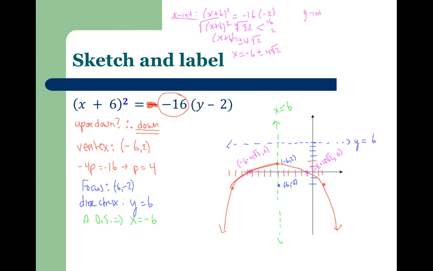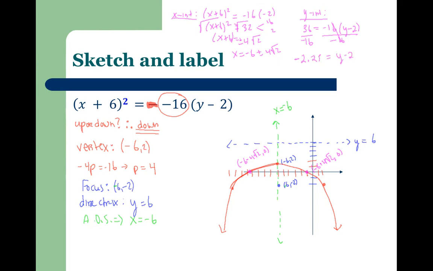The y-intercept is going to be where x is equal to 0. So if I plug in 0 for x, I'm going to have 6 squared, which is 36, equals negative 16 times y minus 2. I'll divide both sides by negative 16. 36 divided by negative 16 is going to give me a decimal, but I'll do the decimal, negative 2.25, equals y minus 2.